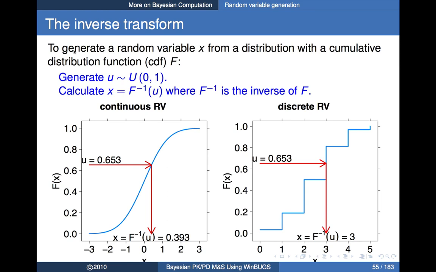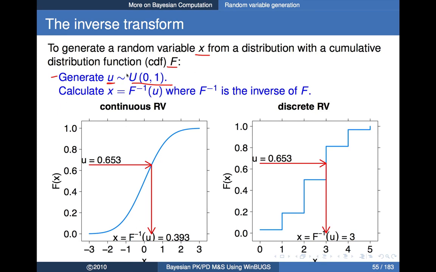So let's say I want to generate some random variable, we'll call it x, from a distribution that has a cumulative distribution function, capital F. The way I would do that is, first I start by generating a uniform random variable, I'll call it u, from a uniform 0, 1 distribution. That's coming from our pseudo-random number generator.